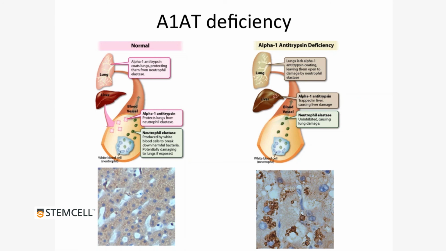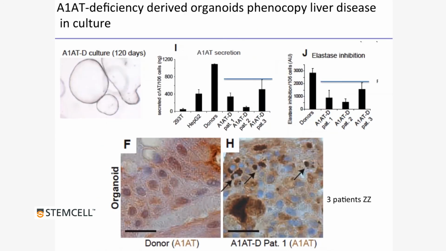So then we asked the question, can we model this disease in vitro in culture? Because this is a disease of hepatocytes, we were lucky that progenitors, or ductal cells, are not affected. So we isolated these liver biopsies and put them in culture, and what we observed is that biopsies of alpha-1 antitrypsin deficient patients could generate normal organoids.